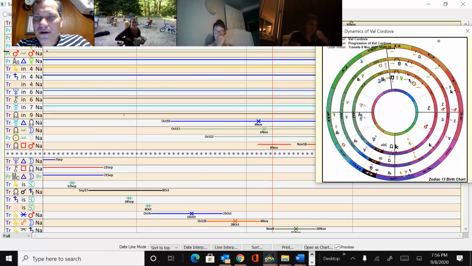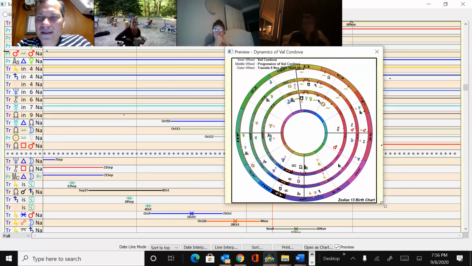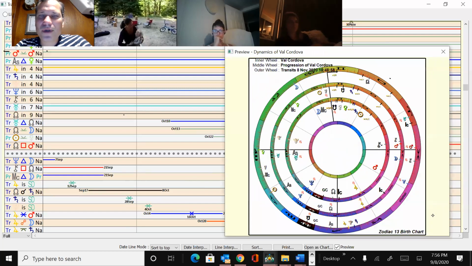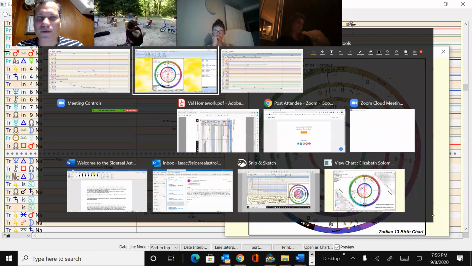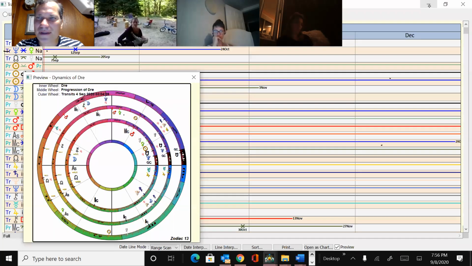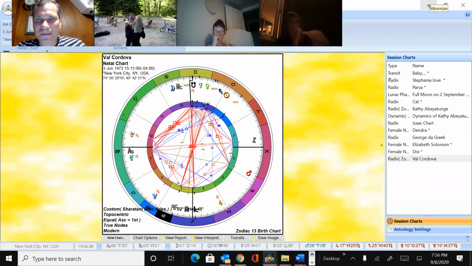So here's the progress chart, and there's two ways to do a progress chart. So this is what we did with the transits. And I don't know if we remember how to do that. Remember how to open it up? I think whoever had Prometheus saw me, but do you need me to open it up again, or do we know?